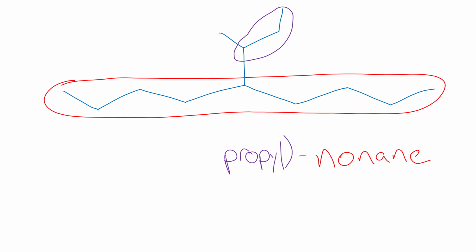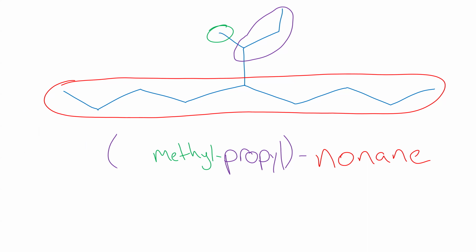But then your propyl group has a methyl attached. Could you have a propyl group with a methyl attached in 2 different places?